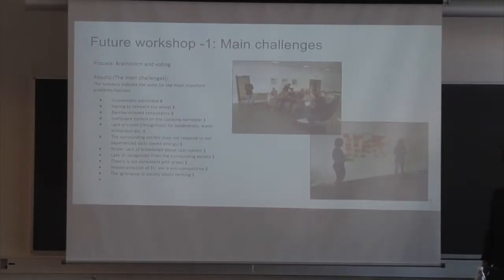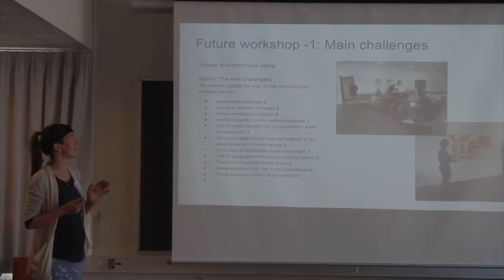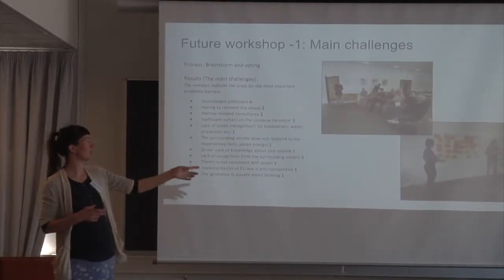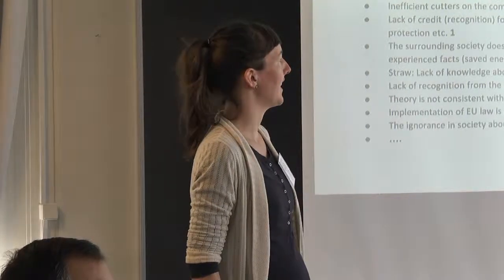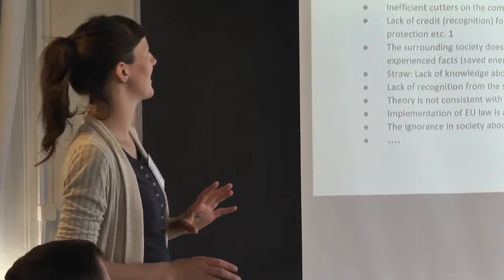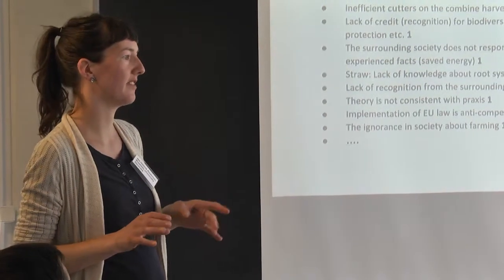There were 2 components in this first part of the workshop: a brainstorm and then a voting. We had a brainstorm on a wall with posters, and the first goal was to find out what is critical in their farming system.